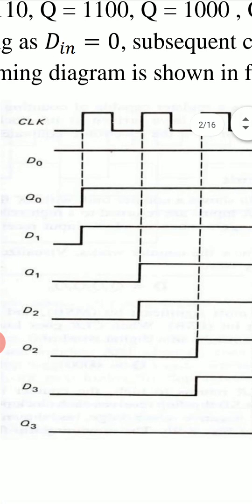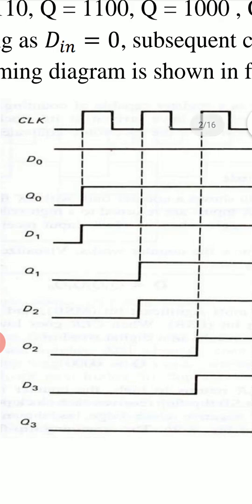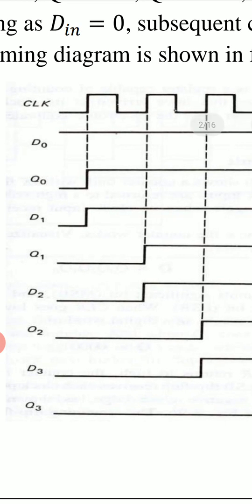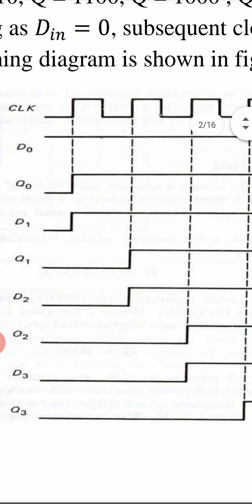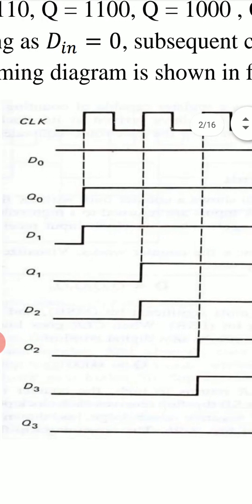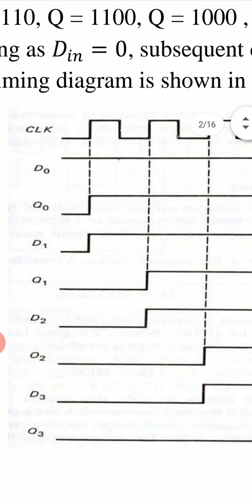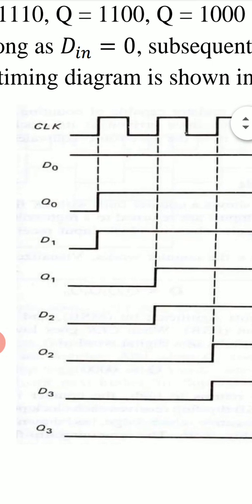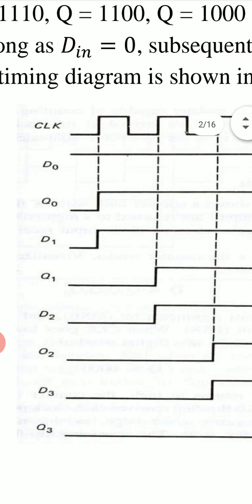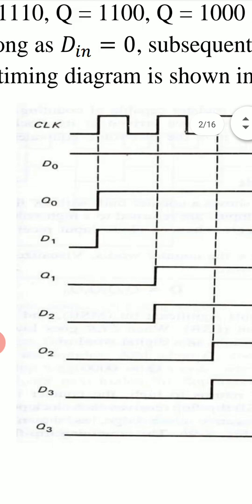And these are the bits D0, Q0, D1, Q1, D2, Q2, D3, Q3. Initially D0 is 1, and Q0 is 0. Initially we have Q0, Q1, Q2, Q3 all 0.